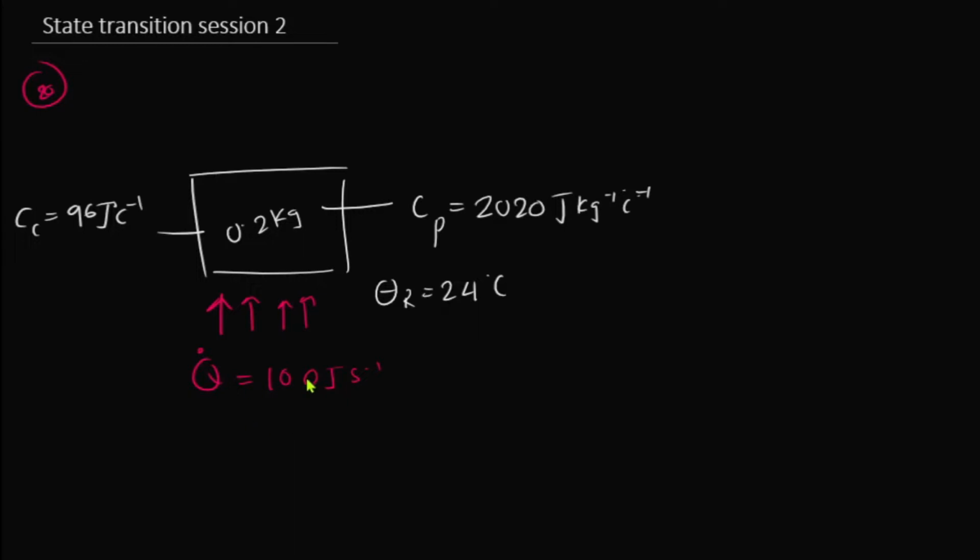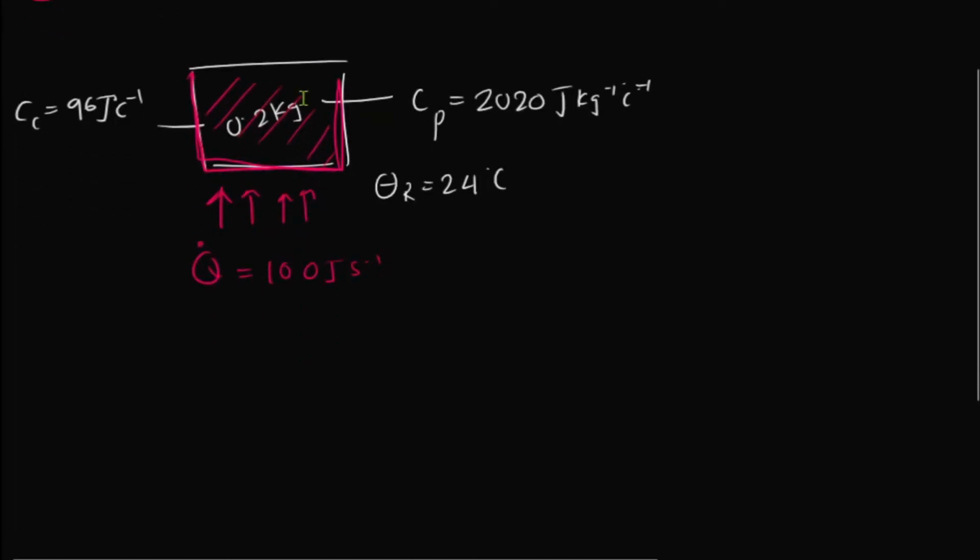So when this constant rate of heat is applied, what's going to happen? The calorimeter is going to absorb heat, and apart from the calorimeter, the paraffin also is going to absorb heat. So the heat supplied is going to be absorbed by the calorimeter plus the paraffin.